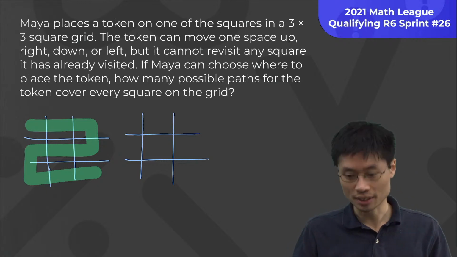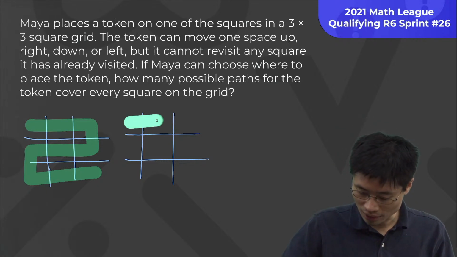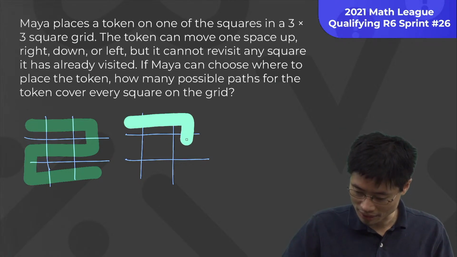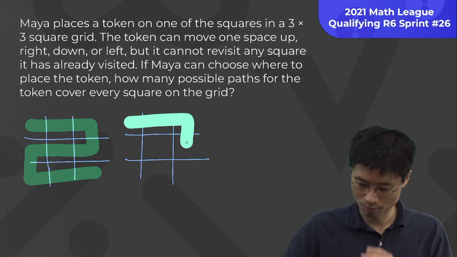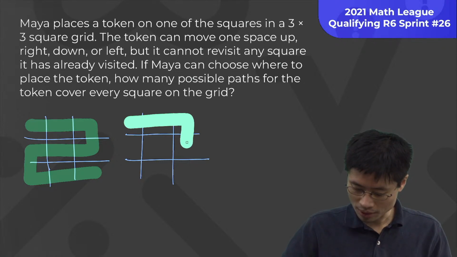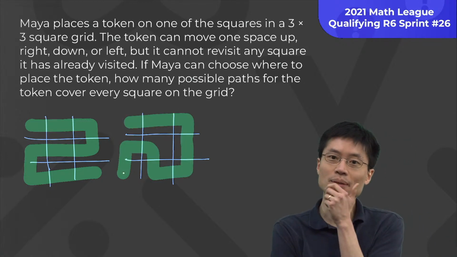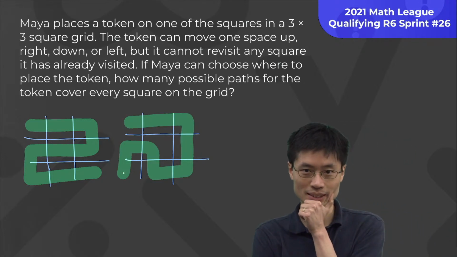Okay, and if I start in the corner, I guess I could try going all the way over. Wow, there's lots of these. Because what I'm seeing is that we might have some work to do to try to make this thing systematic.